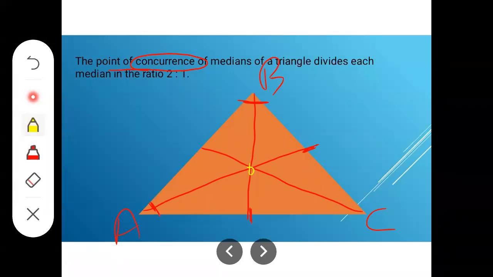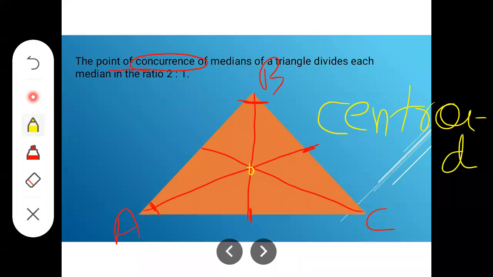That is called the point of concurrence. And that point is particularly called the centroid. Understood the spelling? Centroid. Centroid is the point of concurrence of the medians of a triangle.